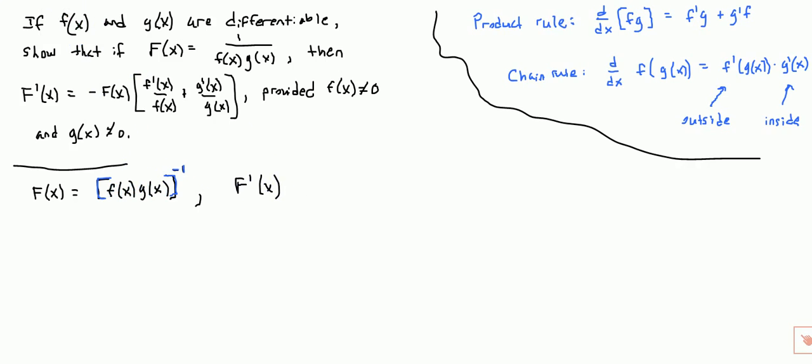So something to the negative 1. What's the derivative of that? Use the power rule, right? Negative 1 comes down. I leave the inside the same. And then I subtract 1 from the exponent. So that's the first part of the chain rule. I took the derivative of the outside.